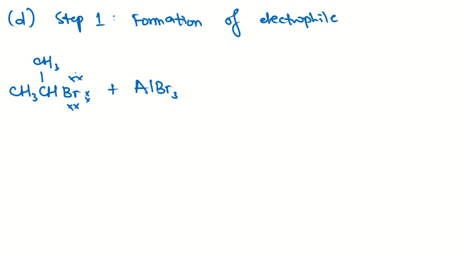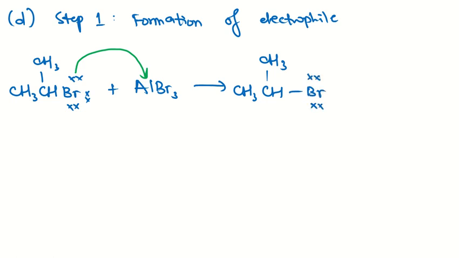One lone pair from the bromine atom will attack the Lewis acid catalyst AlBr3, forming first a complex, where now this bromine will have a positive charge and the AlBr3 will have a negative charge.